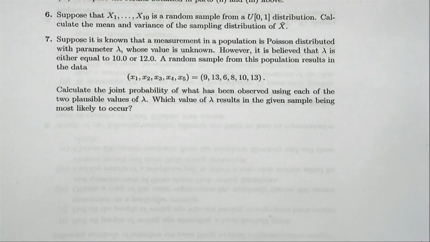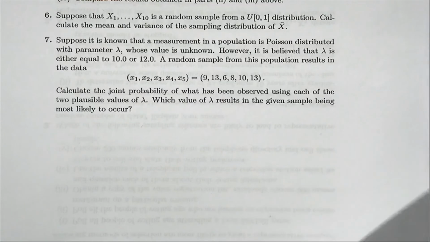Calculate the joint probability, and which value of lambda results in the given sample being most likely to occur. Let's see how we can do that. So this is question 7.